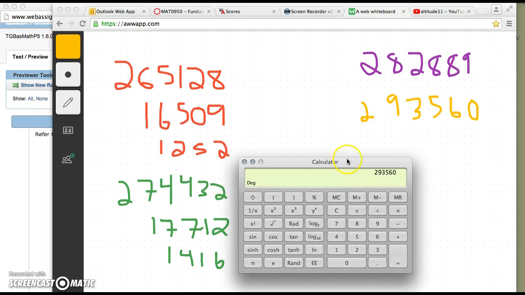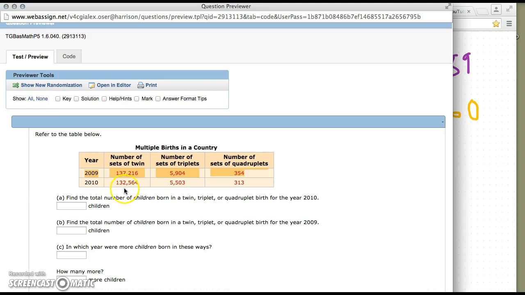We take the larger number, our 2009 value, 293,560, and subtract the 2010 value, 282,889. And we get 10,671. So in the year 2009, there were 10,671 more children born in a twin, triplet, or quadruplet set.